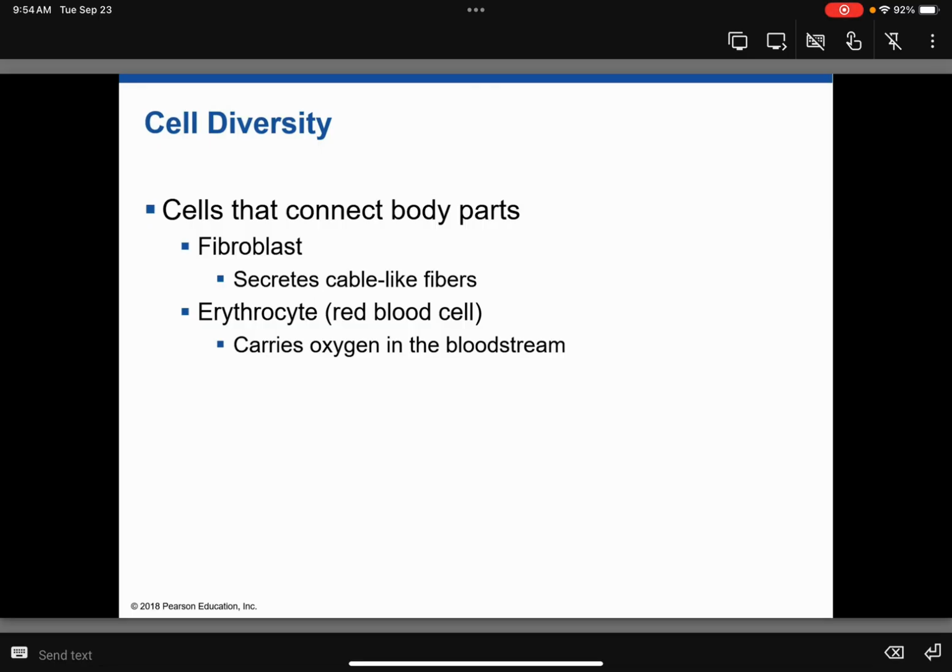But by connecting body parts, we don't necessarily mean that they are just stuck in one place, because then we have the erythrocyte, which is a red blood cell that carries oxygen as well as nutrients in the bloodstream to the different parts of the body. So it's connecting one part of the body to another, but when we say connected, it's not like they are locked in place with each other.